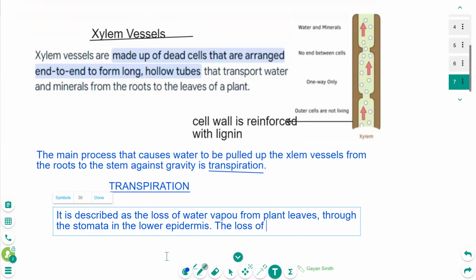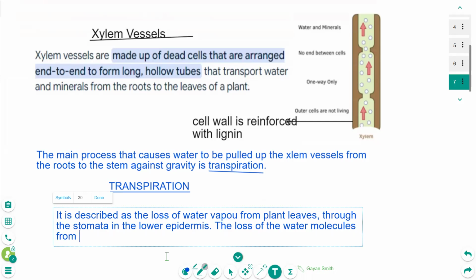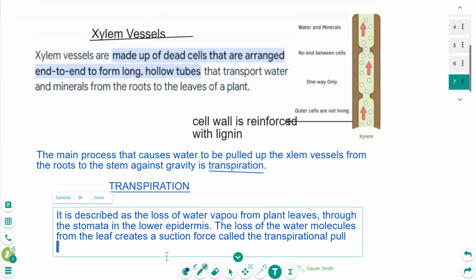The loss of the water molecules from the leaf creates a suction force called the transpiration pull, or transpirational stream.